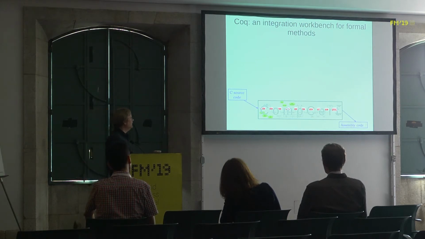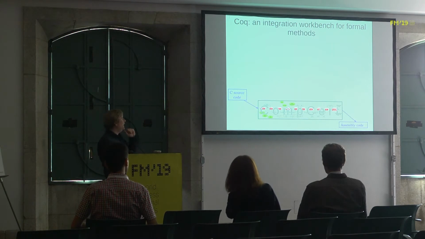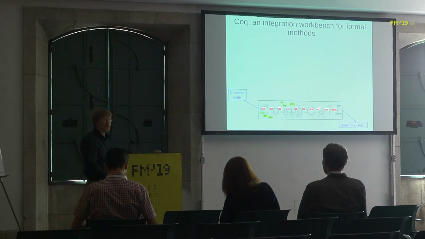You feed in your C code, out comes assembly code. Both languages have deeply embedded syntax, abstract syntax trees, and formal operational semantics inside Coq. And there is a soundness proof that asserts the correctness statement I just mentioned.